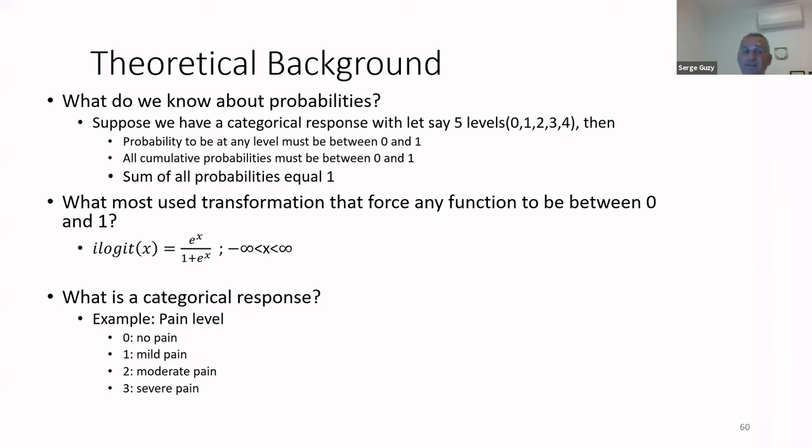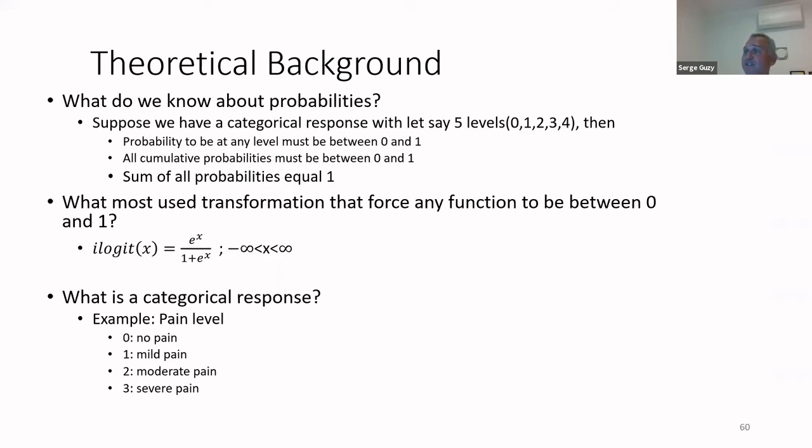Now, I know that the probability to get 3 or 2 first must be larger than the probability to get 3, but also must be between 0 and 1, because the cumulative probability should also be between 0 and 1. Then I have the next level of cumulative probability when I ask myself, what is the probability to get 3, 2, or 1?